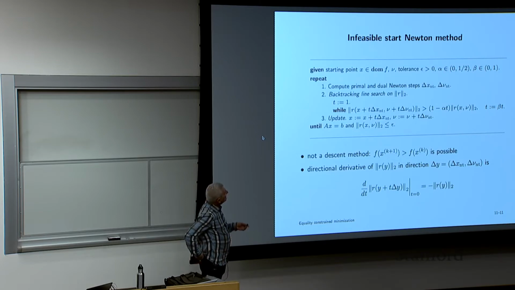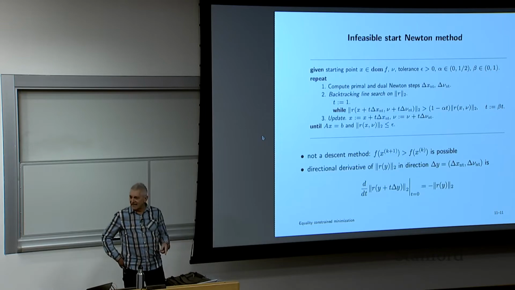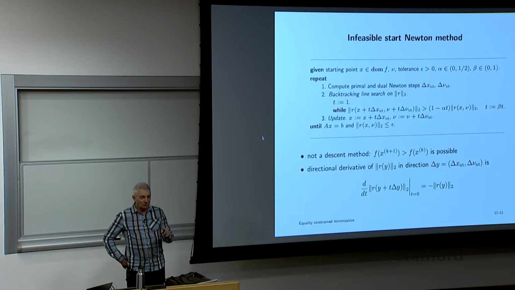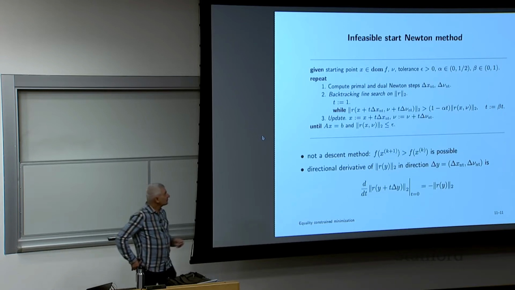Okay, very important thing here is one of the requirements is that x plus t times the Newton step has to be in the domain of f, right? So let's suppose the domain of f was R plus plus to the n. That's what it's going to be for your homework problem. You calculate a Newton step, okay? Here's what you do.